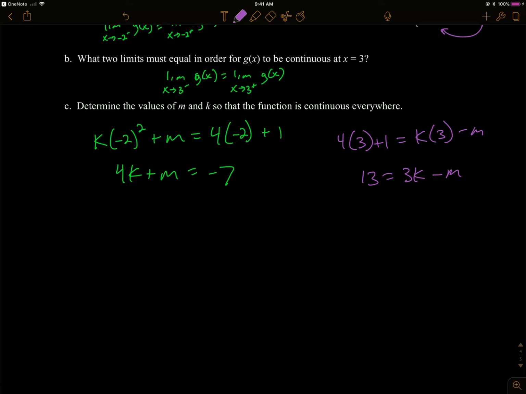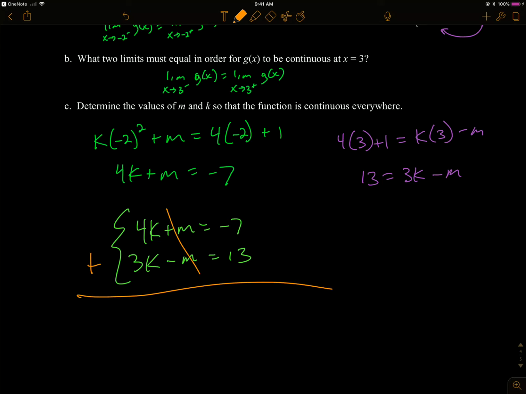So if I do my system by combining these two equations, because there's two variables, I need two equations. 4k plus m equals -7. 3k minus m equals 13. These are ready to add right away. I can add them. The m's cancel. 7k equals 6. k equals 6/7.